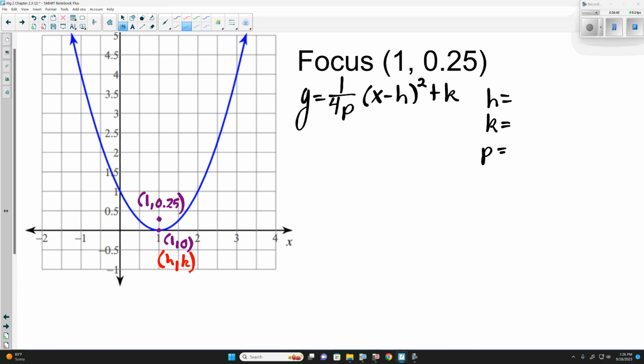For this one, our focus is h, comma, k plus p. Looking at the vertex, we get our h value and our k value, just from the vertex. It told us it was 1, 0.